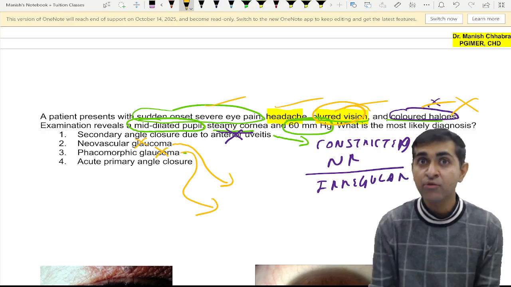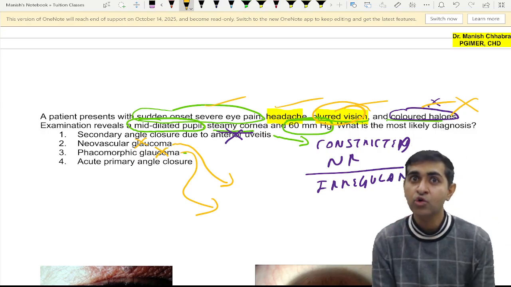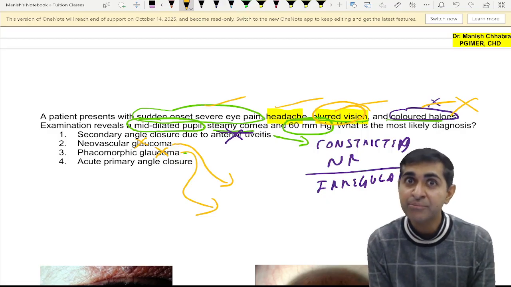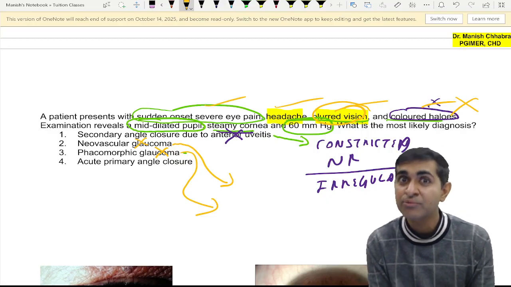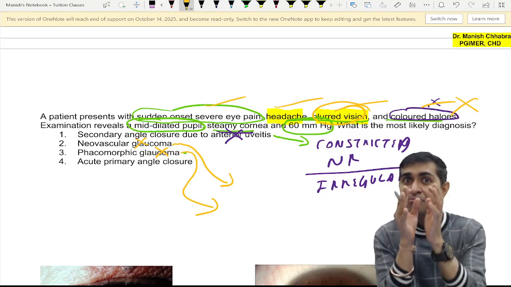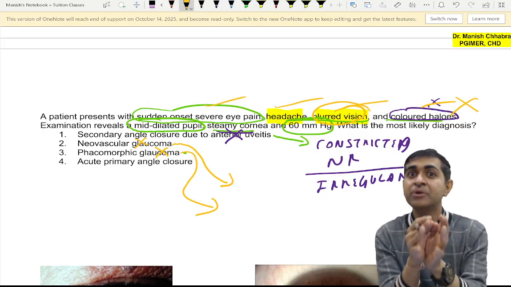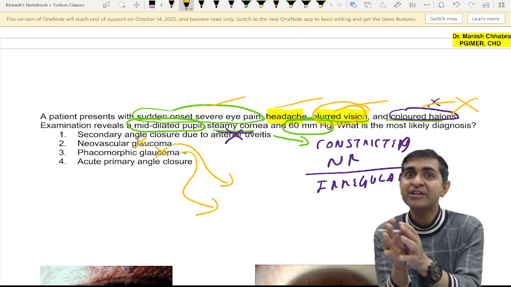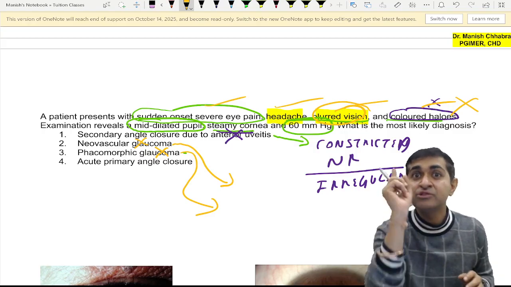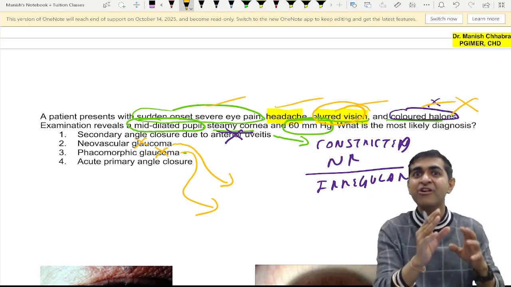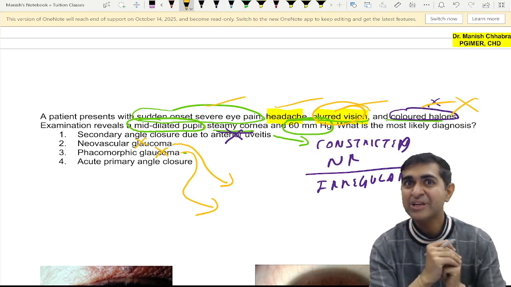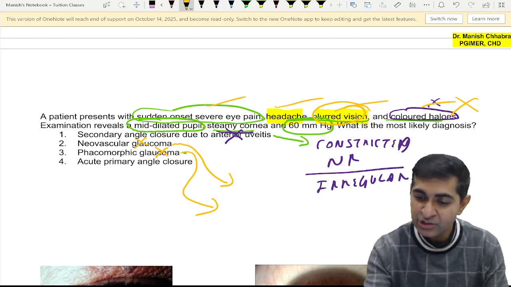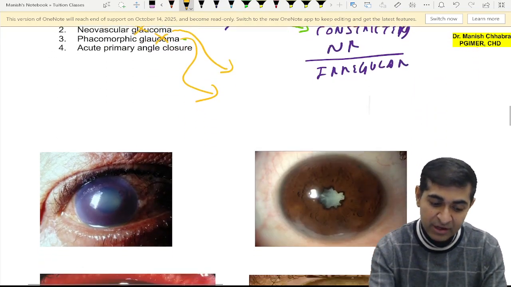If the examiner was to take you towards phacomorphic glaucoma, the examiner would say that the patient has cataract, or would mention that the lens is pearly white in color, which will make you think of mature cataract, and mature cataract can lead to phacomorphic glaucoma.